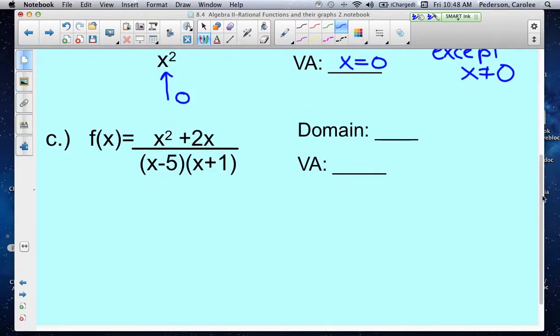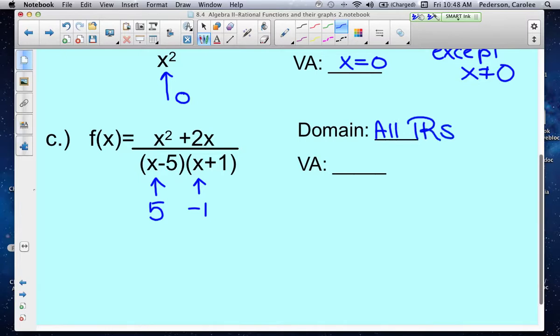See if you can find the domain restrictions for x minus 5, x plus 1. You should have gotten, if I substitute a 5 in there, that makes that parentheses a 0, that makes it undefined. Or negative 1. So the domain then is all reals.